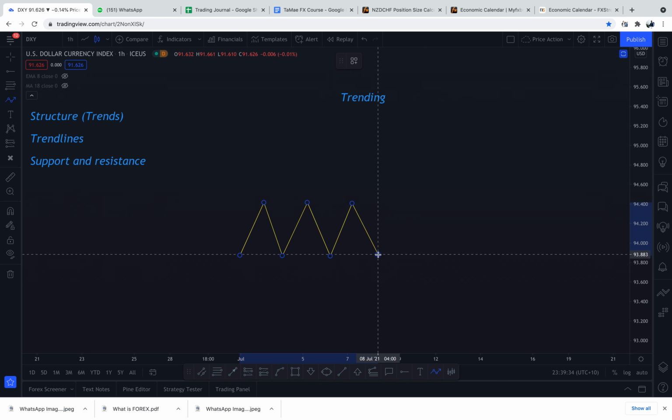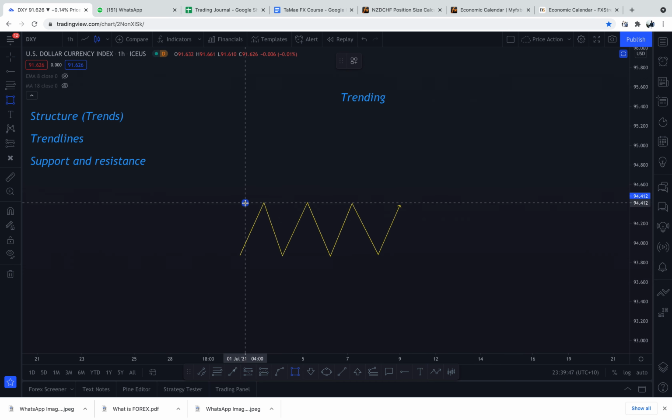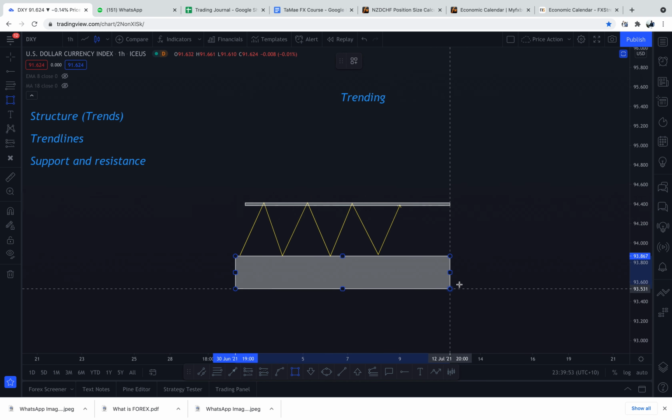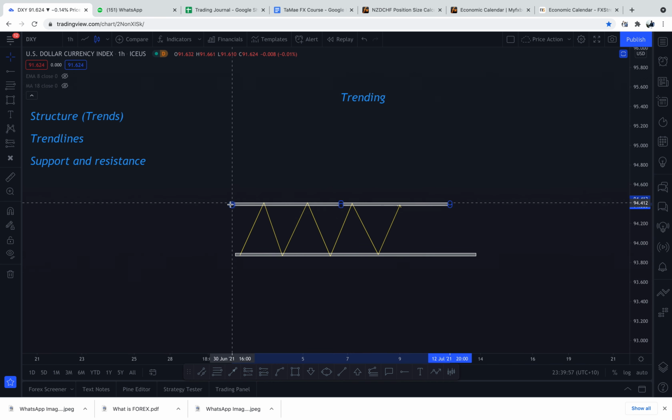No matter how many times it does this, it might do this a few times, but this is a ranging market. Why? Because it's failing to break the highs, and it's failing to break the lows. So we call this a ranging market because it doesn't have any higher highs or higher lows that are defined. Okay, that's a ranging market.